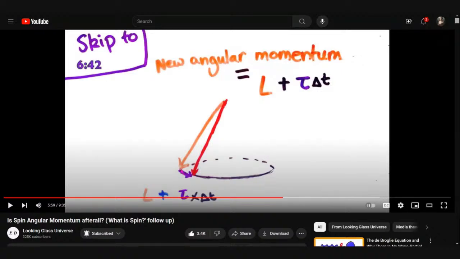Am I wrong? If this is the torque, then this means we're rotating something this way. This doesn't make any sense. We're trying to change L. This is dL.